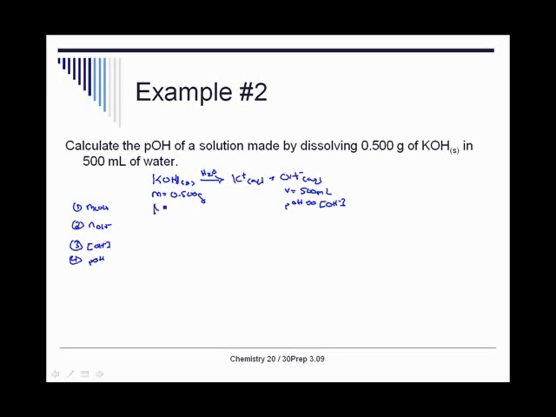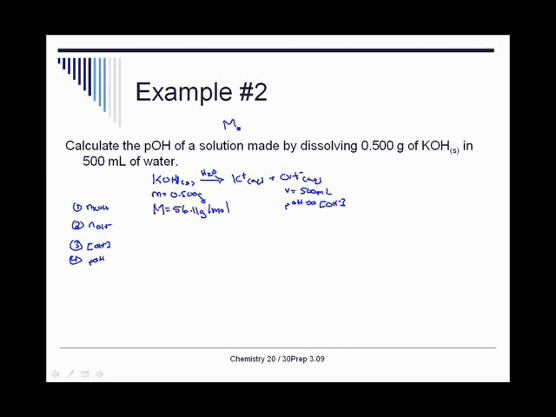To get the number of moles of potassium hydroxide, we're going to need molar mass. So our molar mass is 56.11 grams per mole. And now we can start doing some calculations.